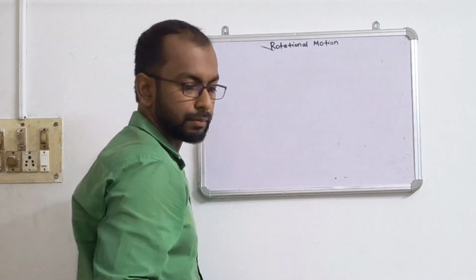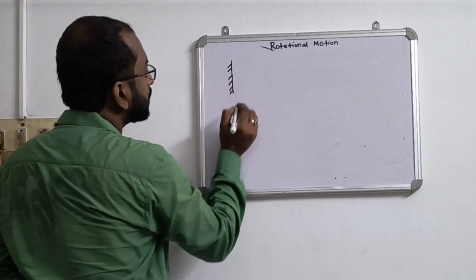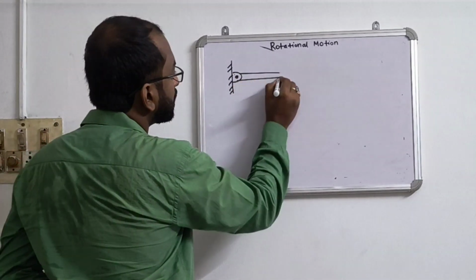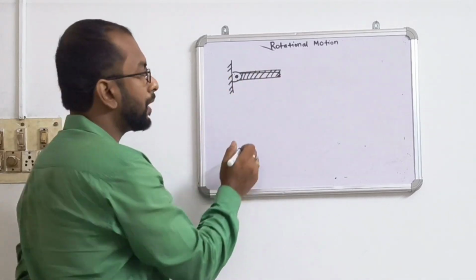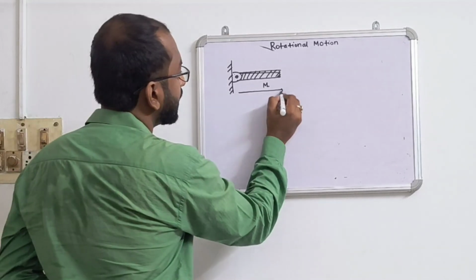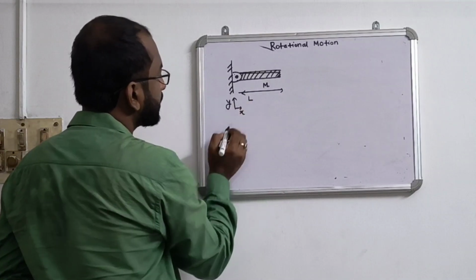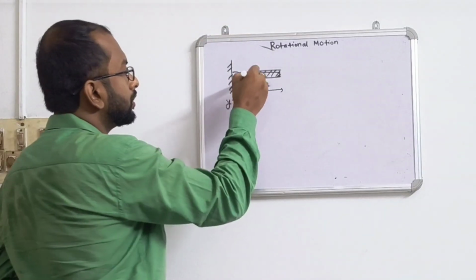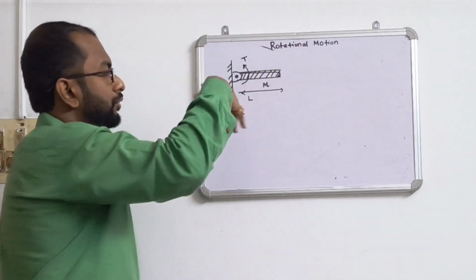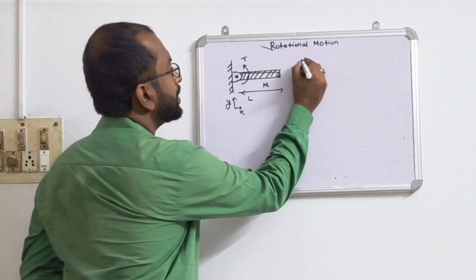What will happen to that? Now I am telling that this rod is not massless, rather this rod is having mass m and the length is L. And similarly x and y axis is kept like this, so z axis is outward. Now it is trying to rotate with respect to z axis. You have to find out the moment of inertia with respect to z axis. So Iz you have to find out.